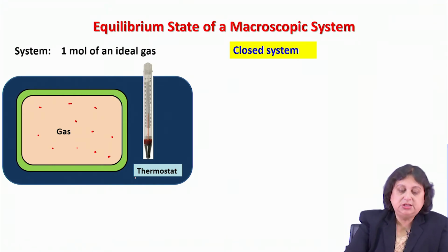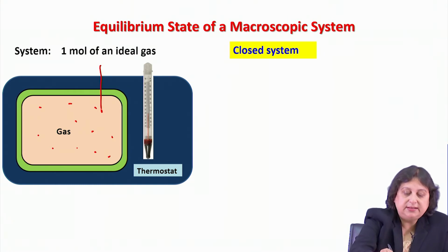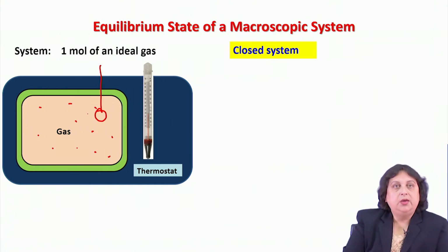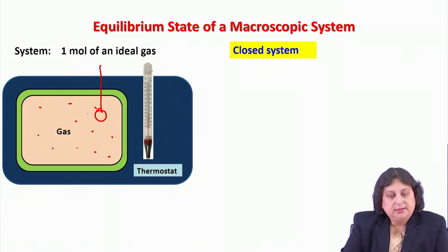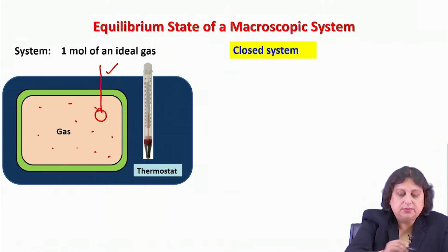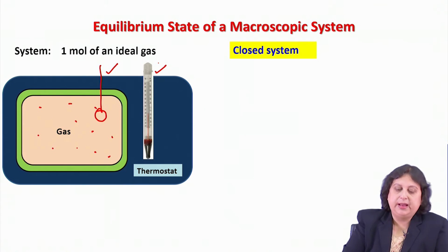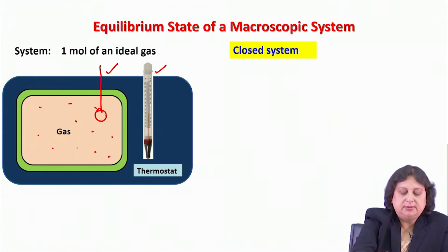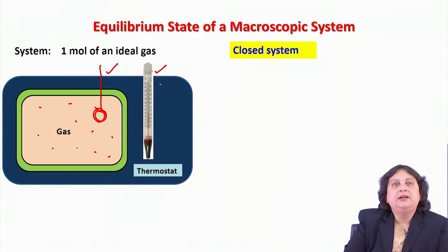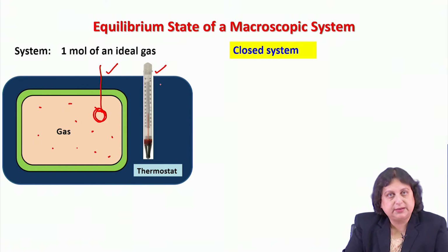If you fit another thermometer over here, you will initially see that the recording of this thermometer is going to change, and there will be small changes in this thermometer as well. But after some time, the recording of the temperature of the gas is going to become equal to the temperature of the thermostat.